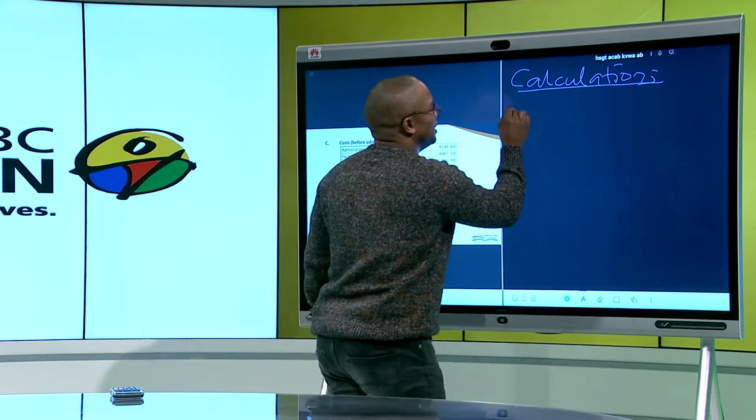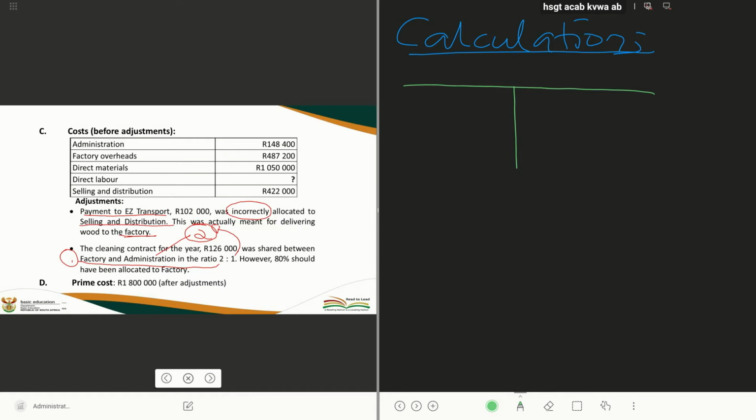Preferably, let me do the ledger so that you understand it better. Our factory overheads. The amount was 487,200. That was the balance. Then they said 126,000 was allocated by mistake in the ratio 2:1. Remember, this is the factory, then the other one is the admin.